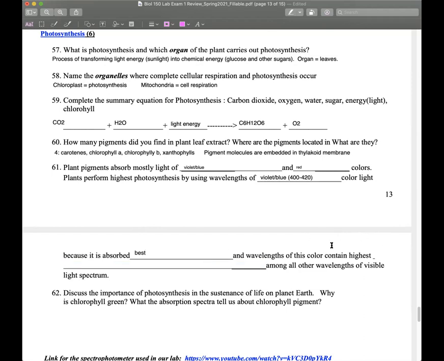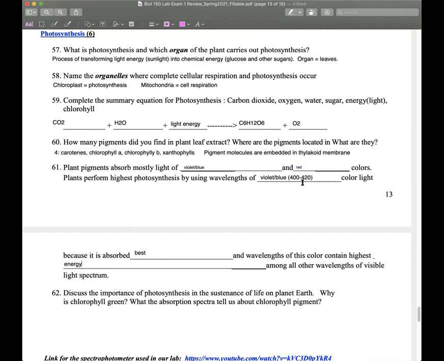Wavelengths of this color contain highest energy. Yes, thank you, Reem. At the violet spectrum, the wavelength is smaller. We have values of like 400 to 420. At the red end of the spectrum, we're talking about wavelengths of like 680, 700.